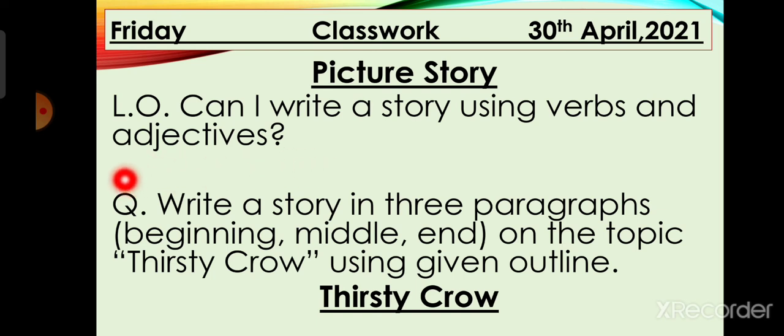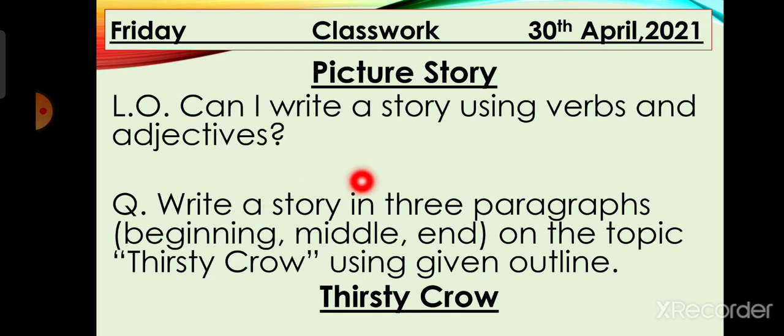Then you will write the question, that is, write a story in 3 paragraphs, beginning, middle, end, on the topic Thirsty Crow using given outline. I am repeating the question.